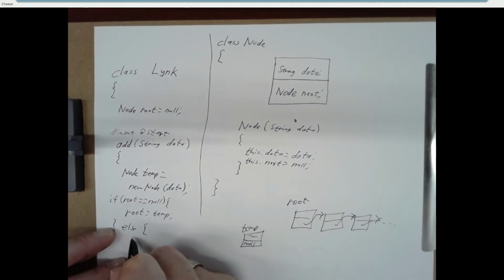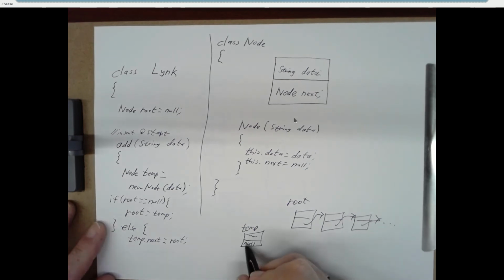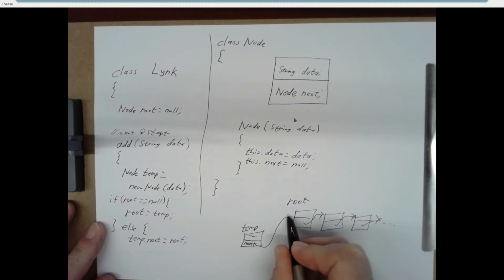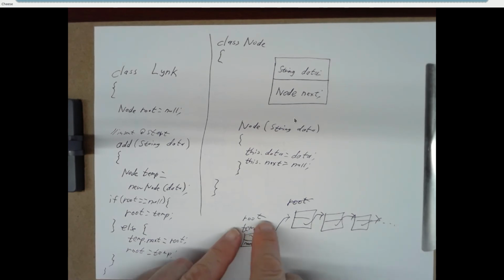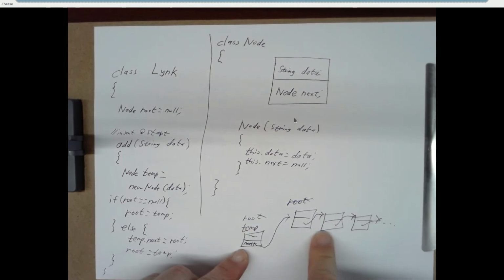Okay, temp next equals root, so I'm setting up this to point right here. And then root equals temp. Right. And now our linked list, which always starts with root, points to this new node followed by the other nodes that were already there.